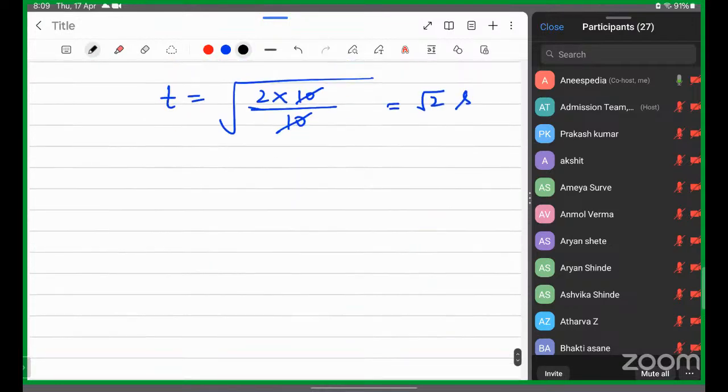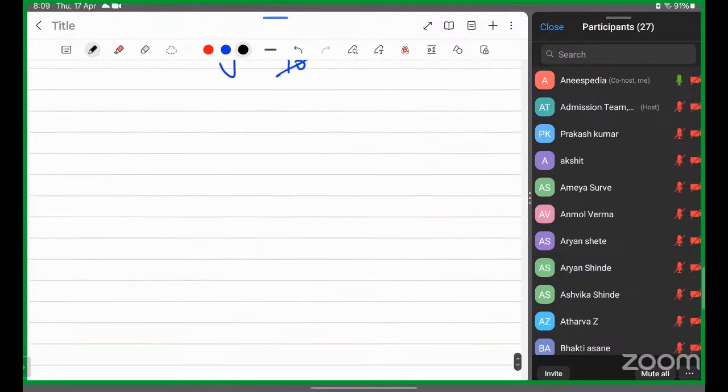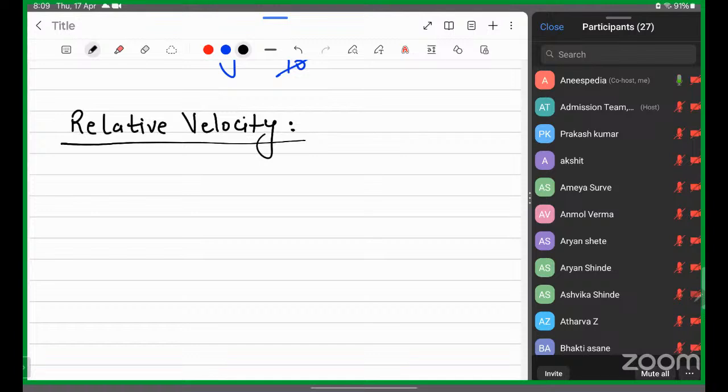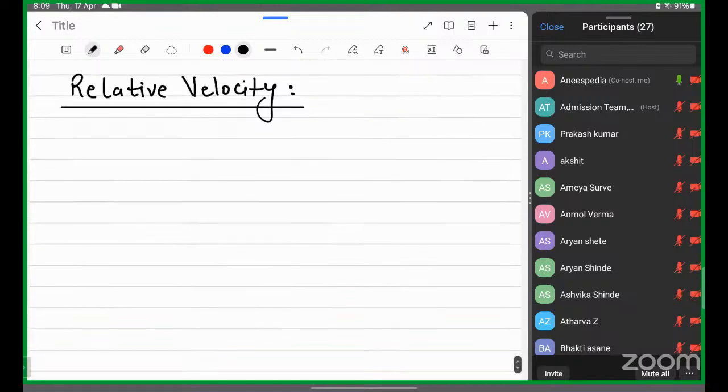Next point is relative velocity. Relative velocity of an object with respect to another object. This concept can be dealt with in 1D, 2D, and 3D. But to understand it simply, we will take it in 1D.